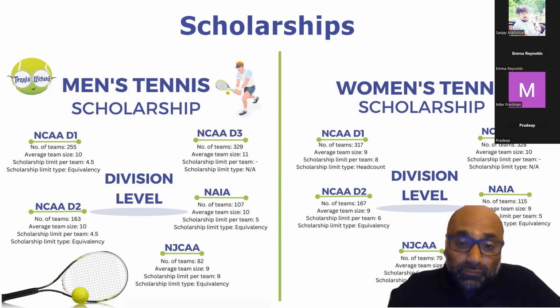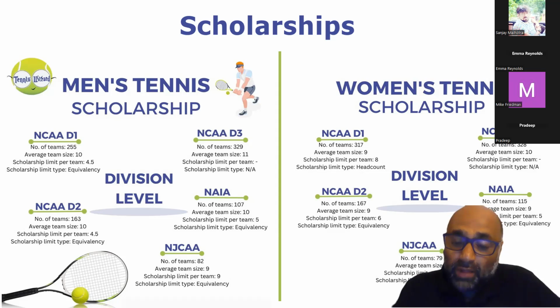So typically, if a girl makes a team and is in the top 8 and the school is fully funded, they are offered a full ride just from tennis. In that case, they don't need any more scholarships, academic or anything else, even if they're eligible, because you cannot get more than 100%. So tennis covers it all for them.